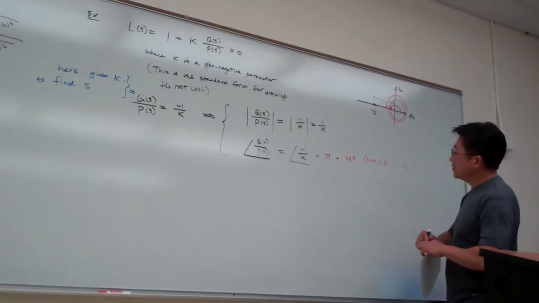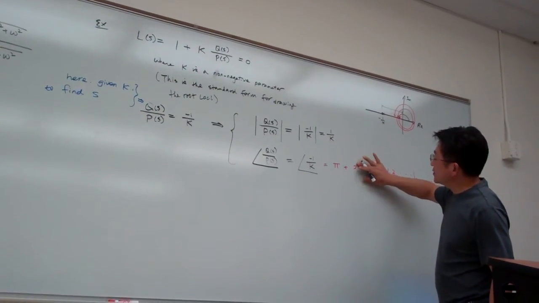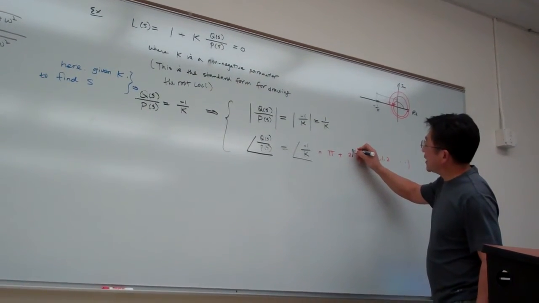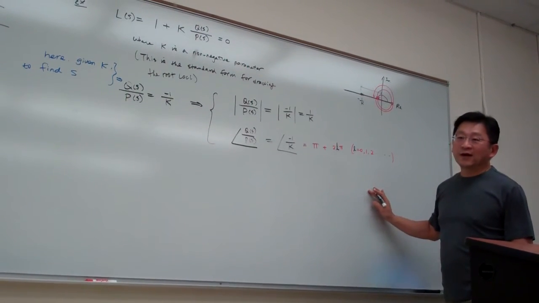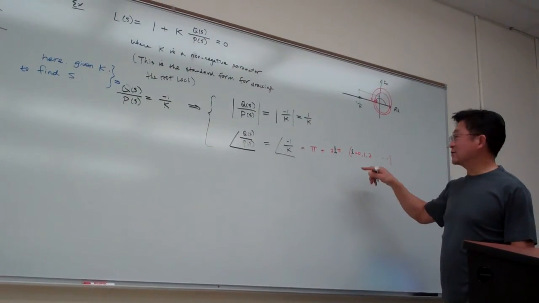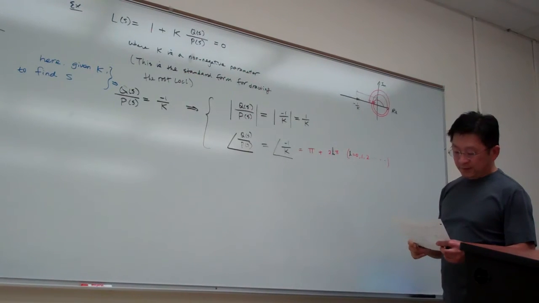Can I change the symbols? Can I change this one back to L, because I like to make it consistent with whatever I used to use. Anyhow, this is just a symbol here.